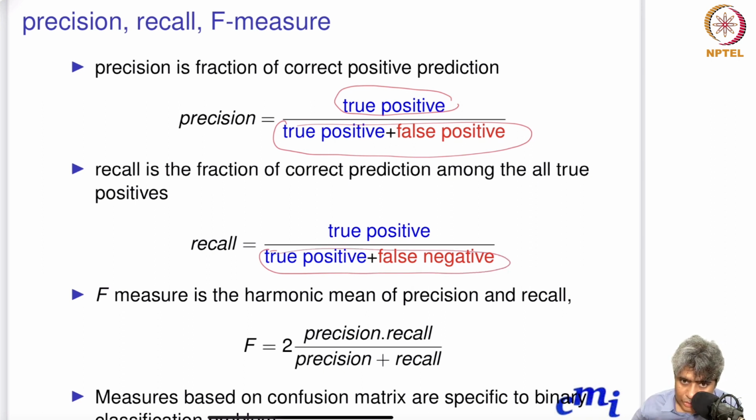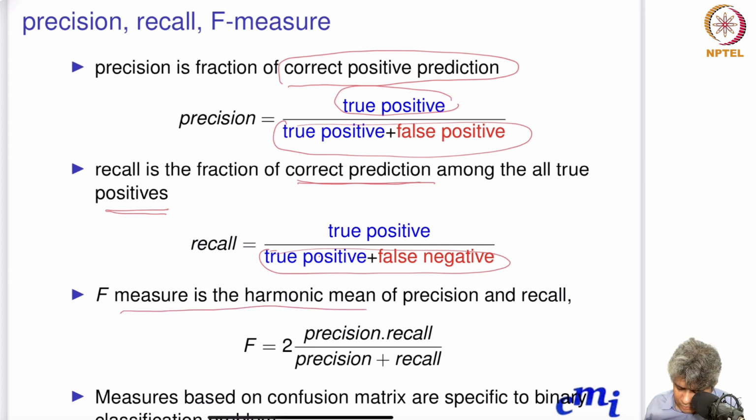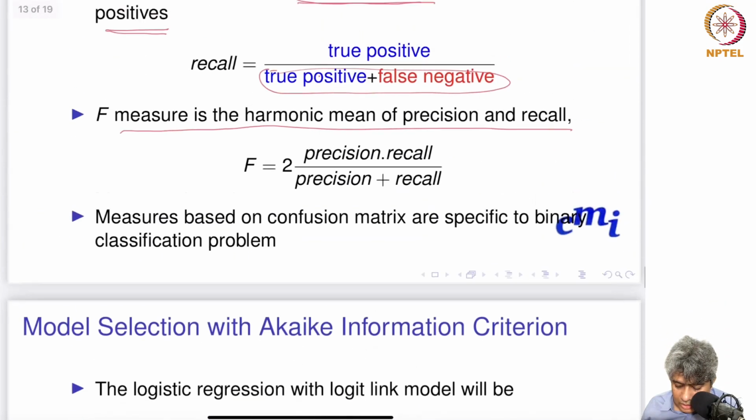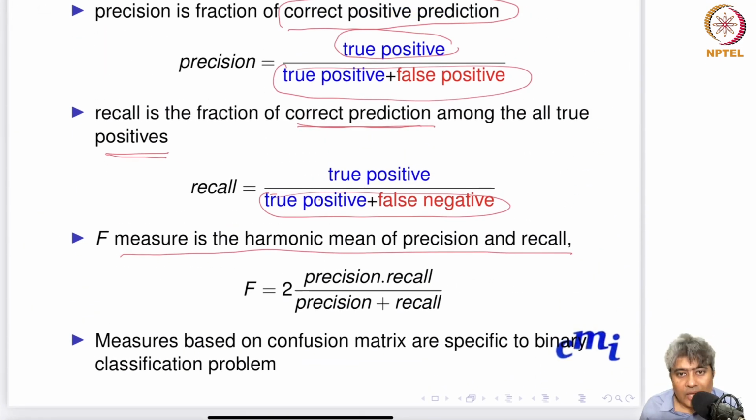Among the true cases, how many of them are predicted positive? So recall is the fraction of correct prediction among all true positives, and precision is the fraction of correct positive prediction. F measure is a harmonic mean of the precision and recall. These are very popular measures of how good a model is from machine learning literature.